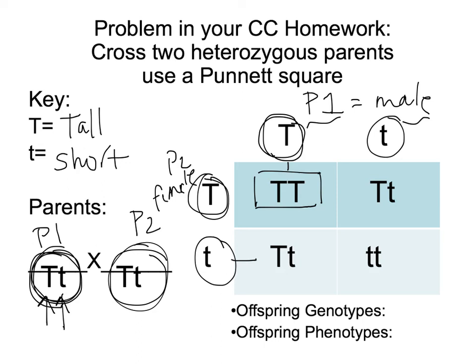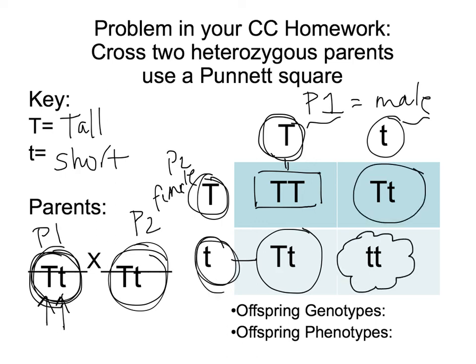If this particular egg gets fertilized by this sperm, we get a heterozygote along here. And then finally, if this egg over here gets fertilized with this sperm, we get a homozygous recessive individual.